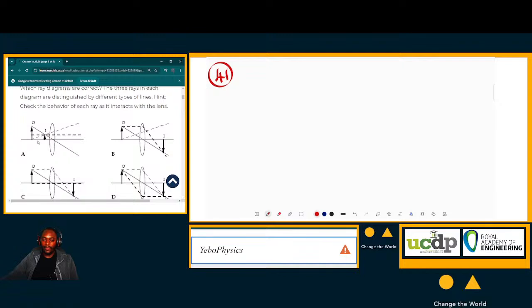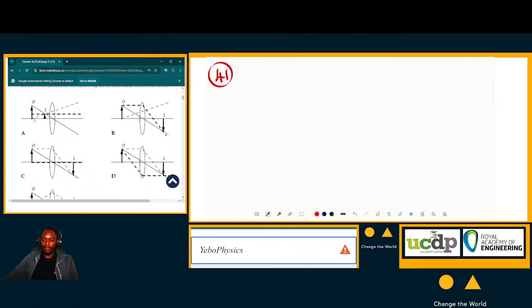If you look at the first image, A, you've got a line that is passing straight through, unrefracted, but not at the center of the lens. So already that one is out. We expect a straight-through line only when a ray of light is passing through the optical center. So that dotted line there is incorrect.